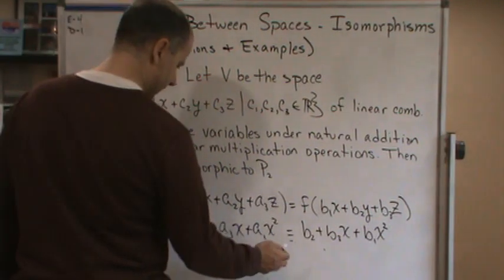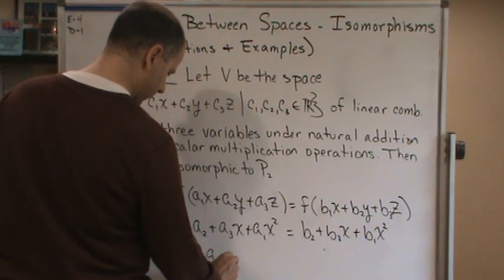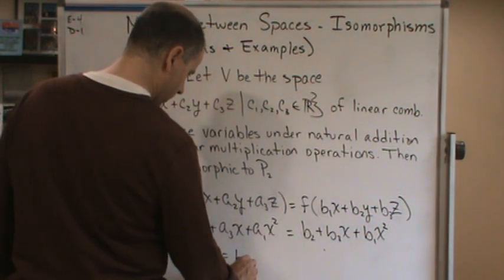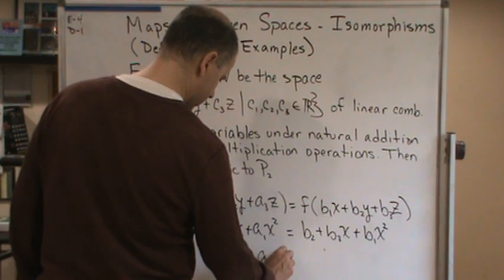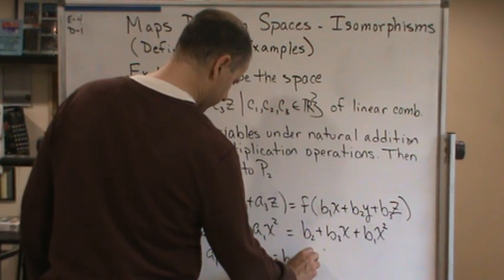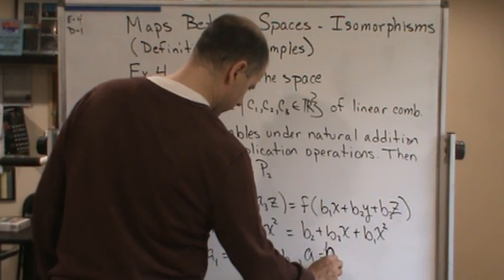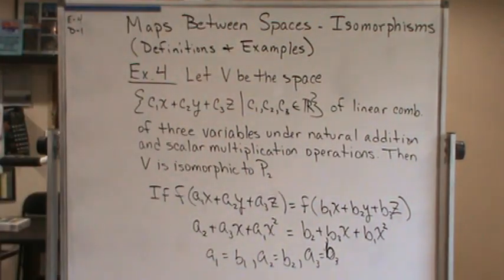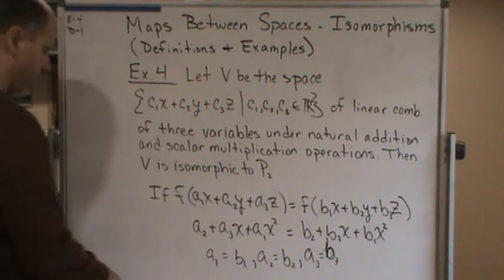So this implies that a1 is equal to b1, a2 is equal to b2, and a3 is equal to b3. And we're done. So now we showed that it's 1-to-1.